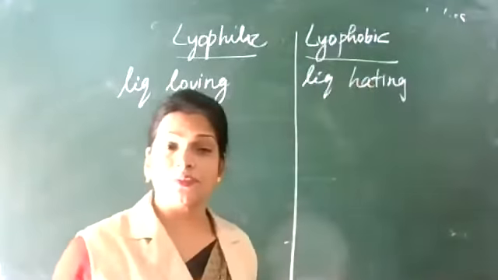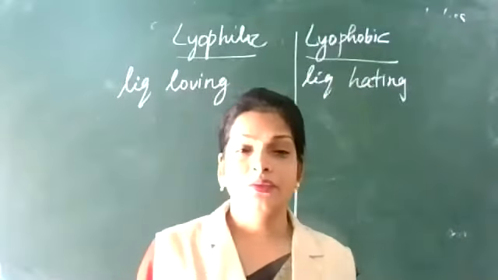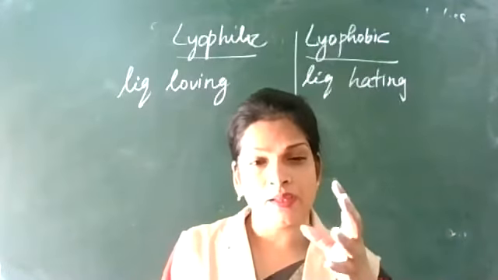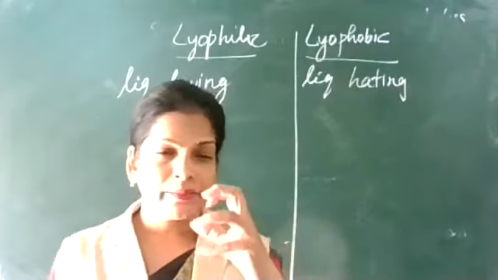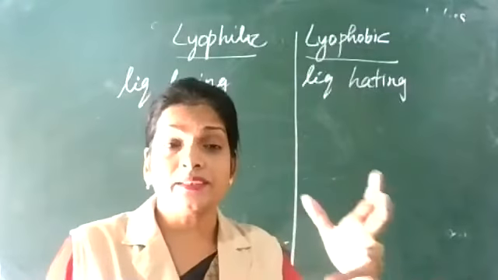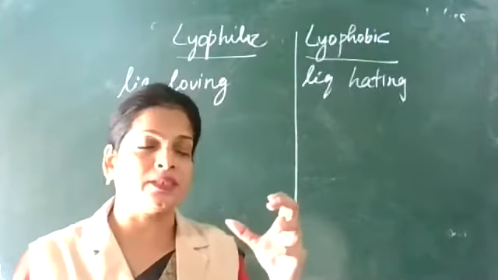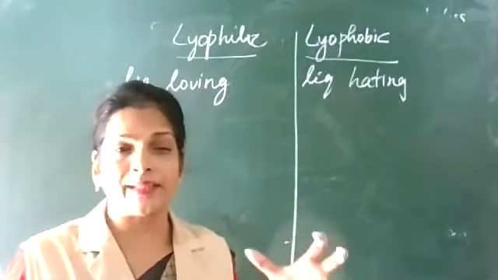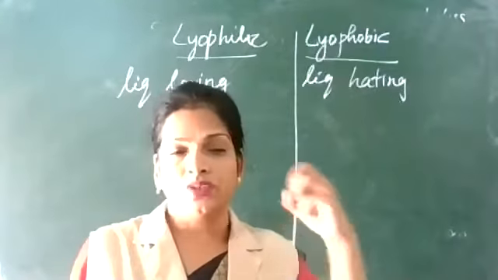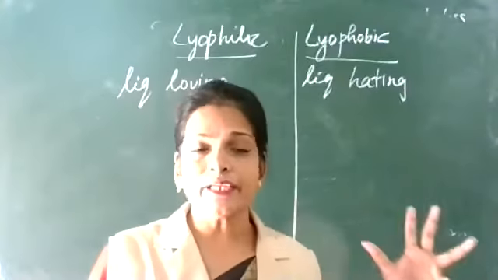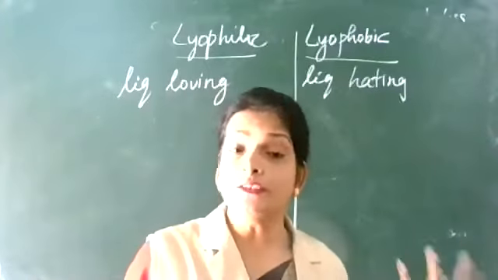here, liquid hating. If you mix starch with water and shake it well, you can prepare a colloid. The dispersed phase, that is the starch particles, loves or has a better attraction with the dispersion medium, water. So simply mix this starch powder, your maida powder, with water, shake thoroughly and prepare a colloid, because there is a greater force of attraction between the dispersed phase and the dispersion medium.